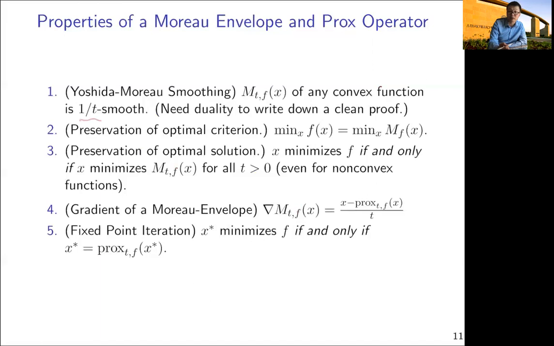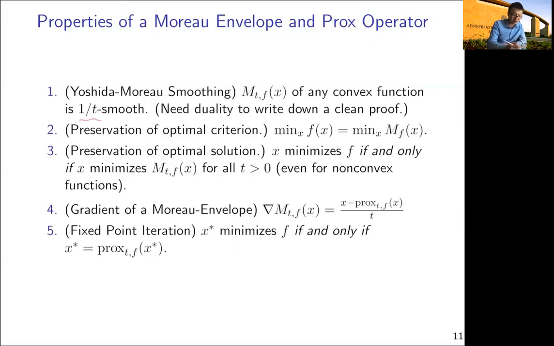So why don't we minimize the thing that's actually smooth? And thirdly, it also preserves the argument that minimizes the objective function. Suppose x minimizes f, then the same x also minimizes its envelope.